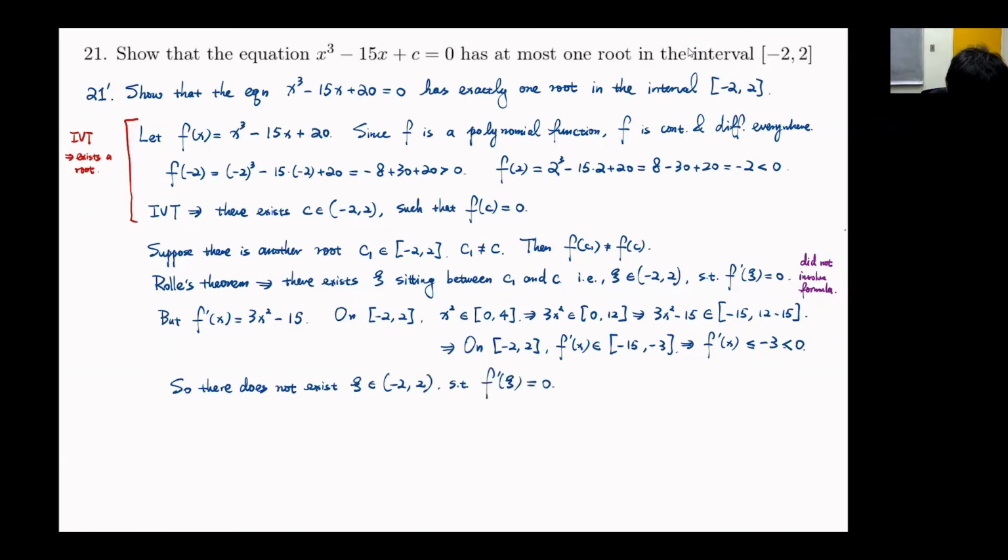So this fact follows from the formula of f. And yeah, this is again a contradiction, contradicting the conclusion of Rolle's theorem.